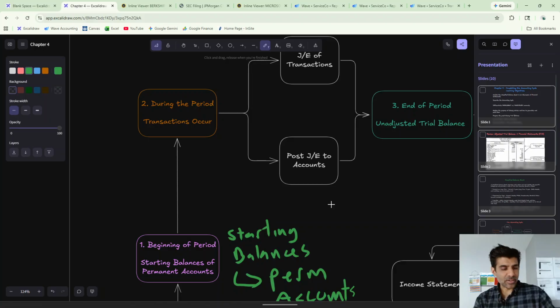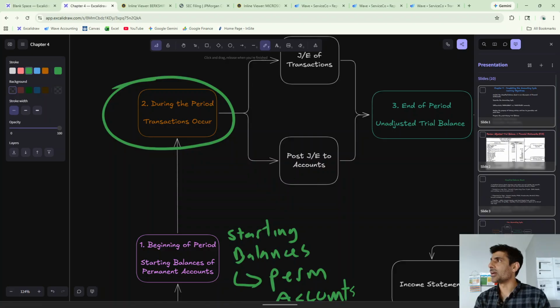Then there are going to be transactions. During the period, we have all those transactions that occur, right? We're going to buy more property, plant, and equipment assets. So we're going to trade assets for one another. We're going to have revenue. We're going to pay expenses. We're going to have all the different things that happen to our business during the period of time.